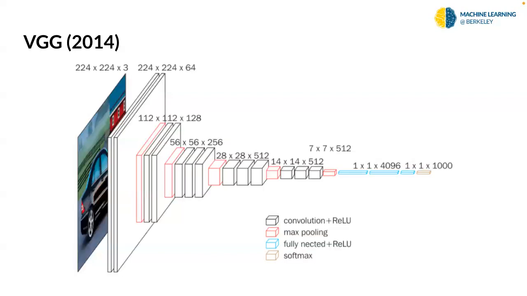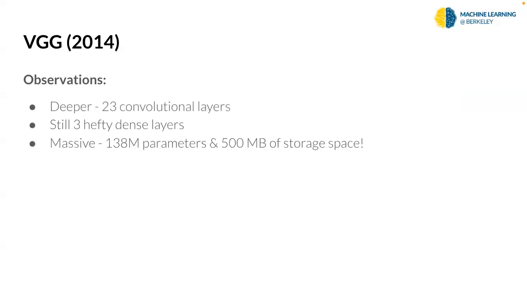Did that have a significantly larger hardware requirement too? Absolutely. But in 2014, it was less bad because people started focusing on AI hardware and NVIDIA came along. It was massive: 138 million parameters, taking up 500 megabytes of storage.